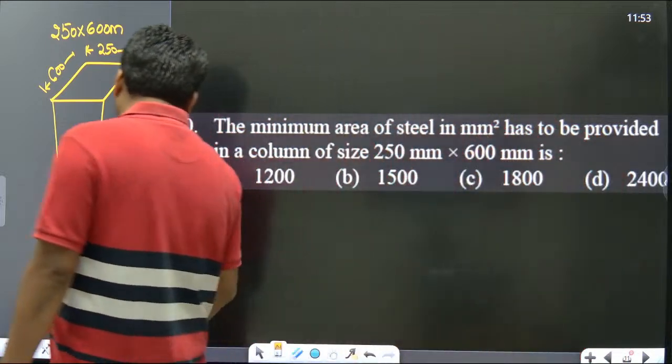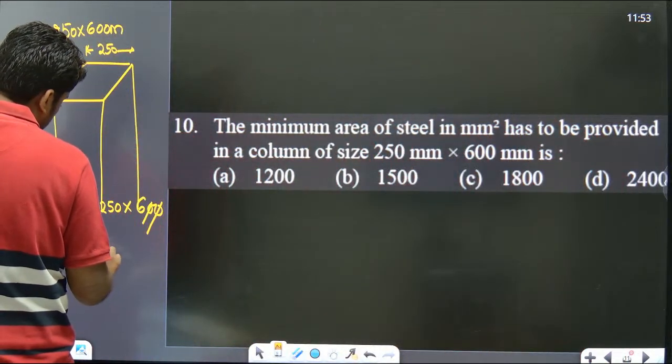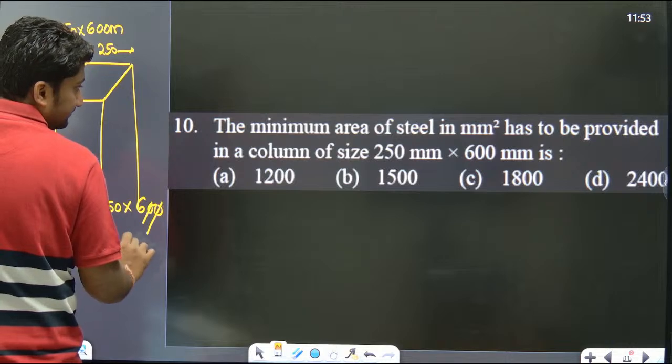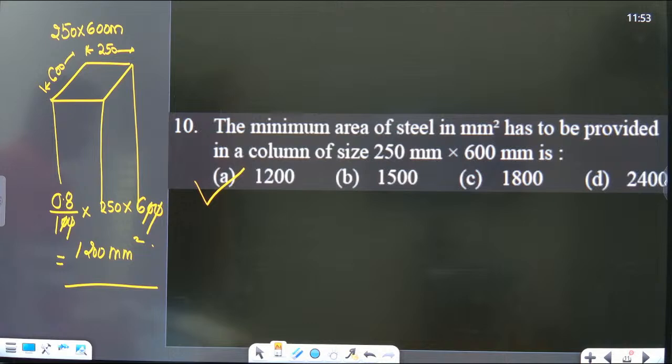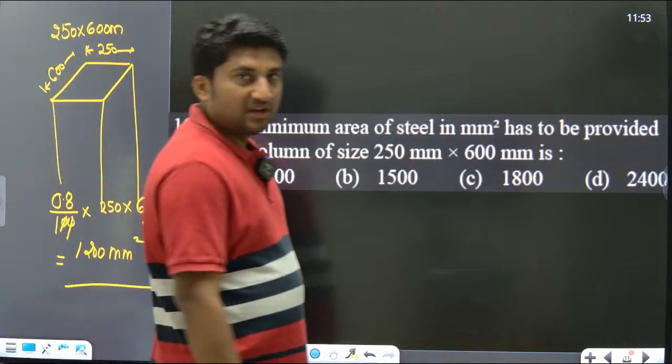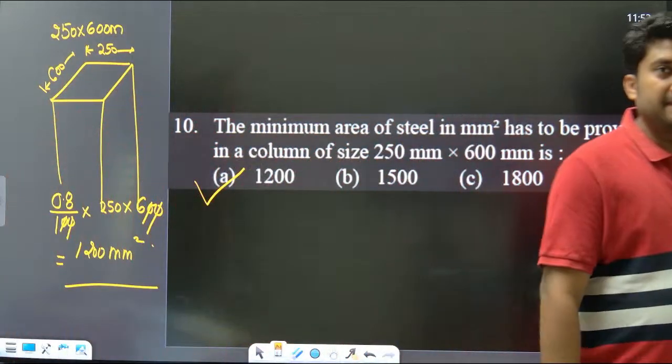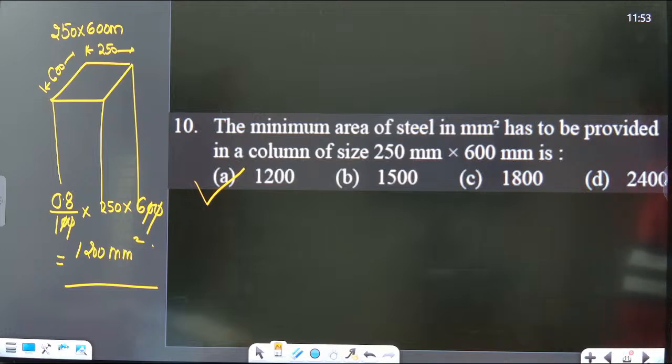So your answer will be 1200 mm square. This much is the area of steel to be provided in the column section. Understood everyone? Clear? Yes, moving ahead.